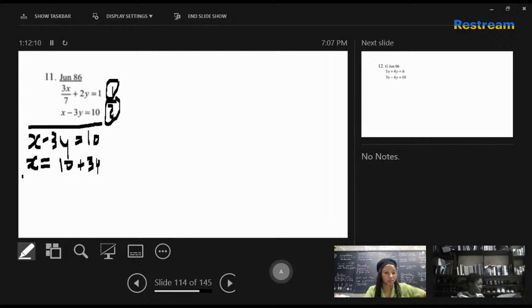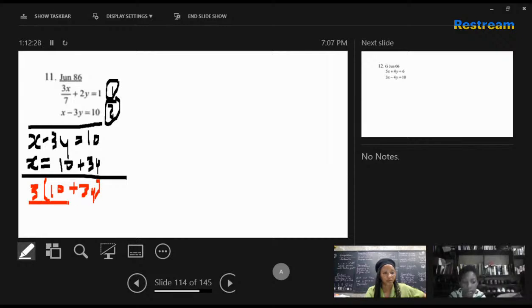And then the top line: 3 times 10 plus 3y, over 7, plus 2 times y, equal to 1.